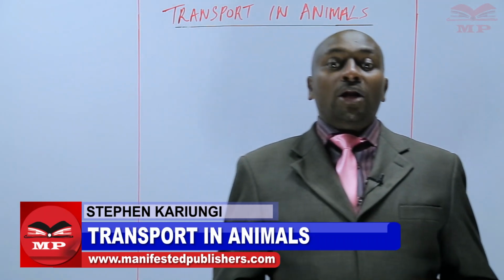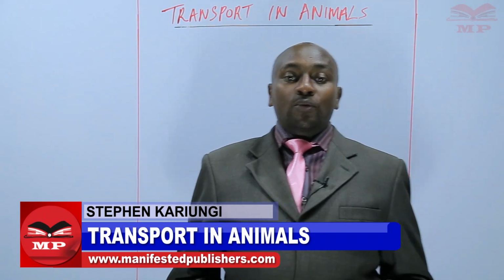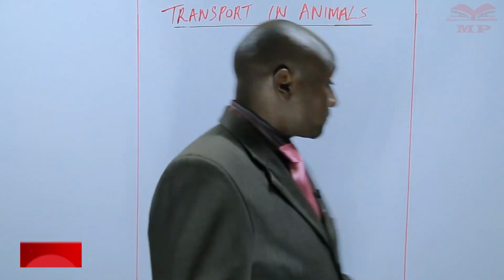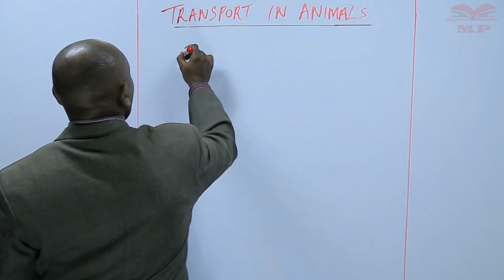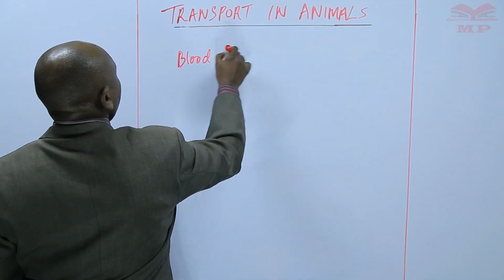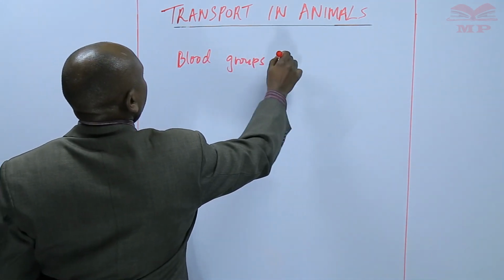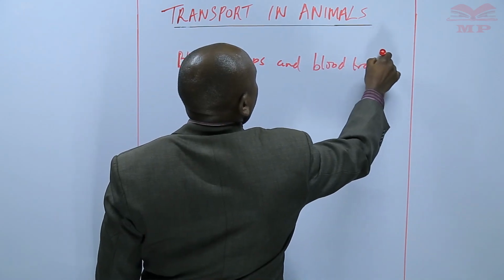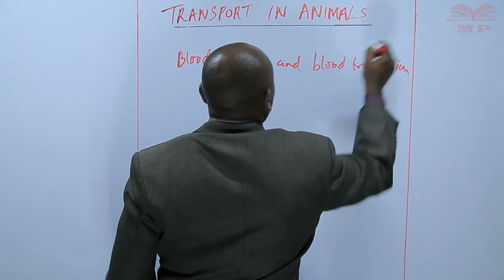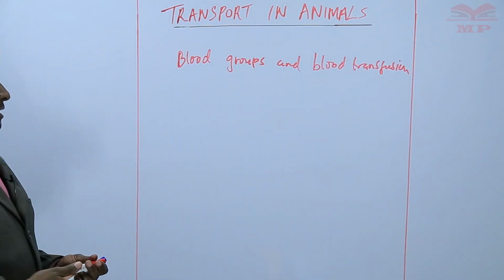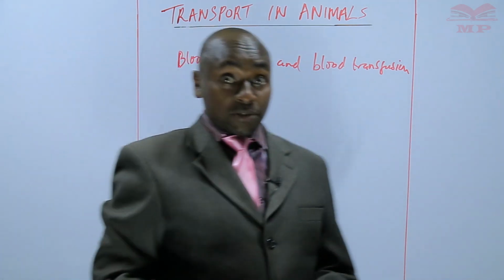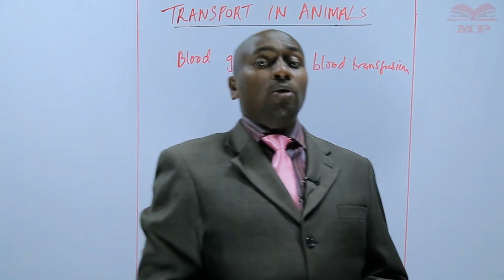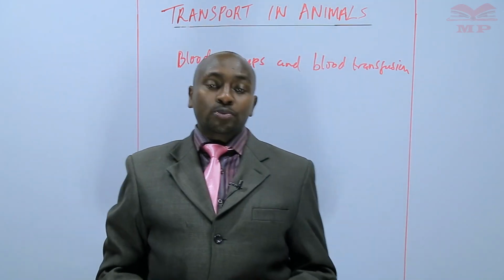Today we continue with our biology lesson and we are going to discuss blood groups and blood transfusion. So we are going to look at the blood groups, and we have four types of blood groups.